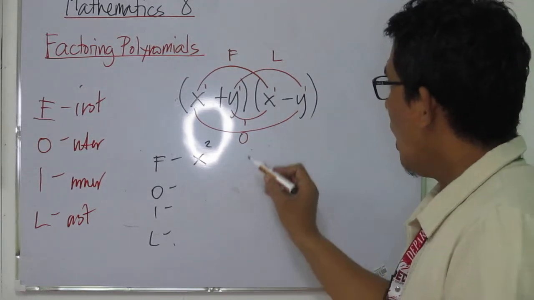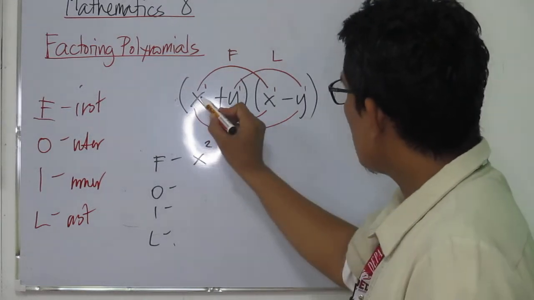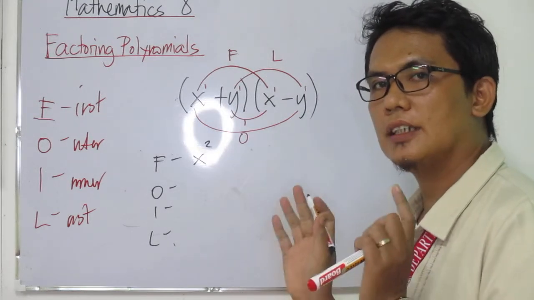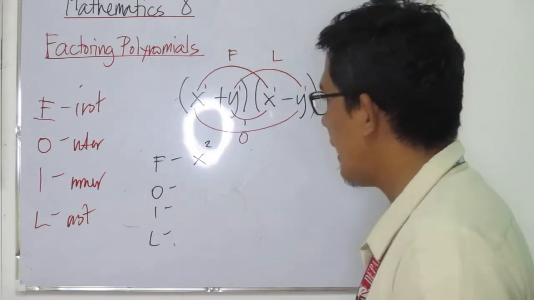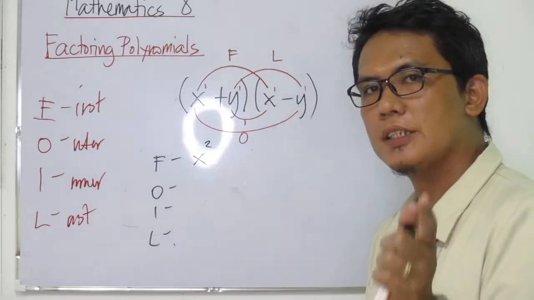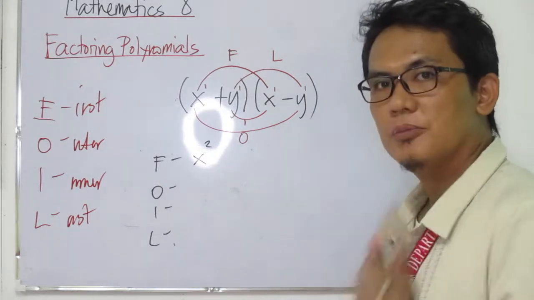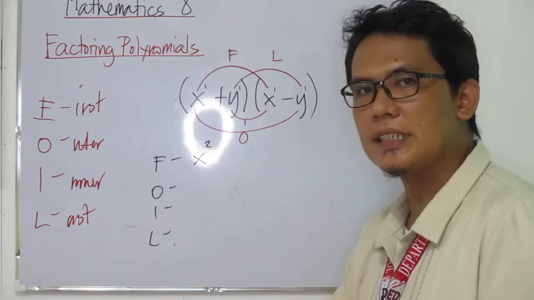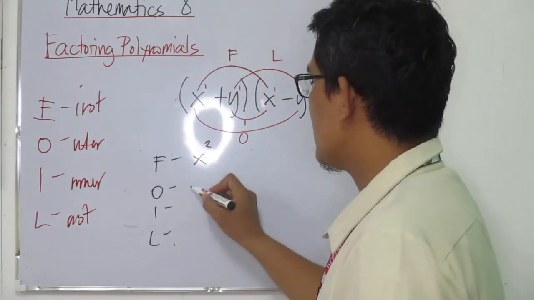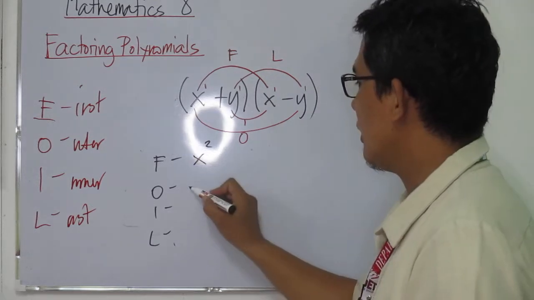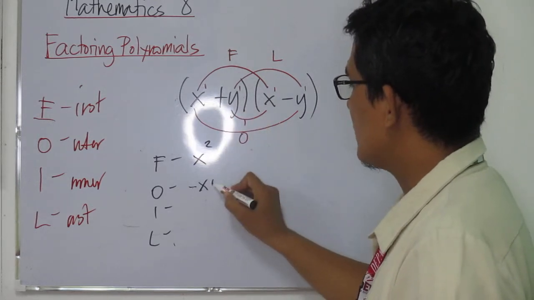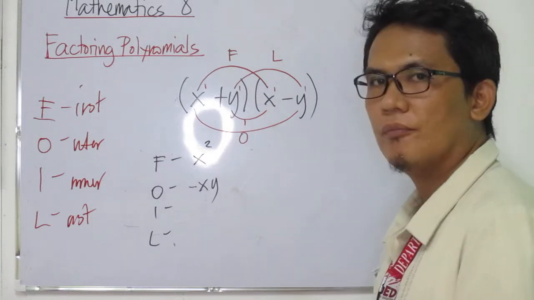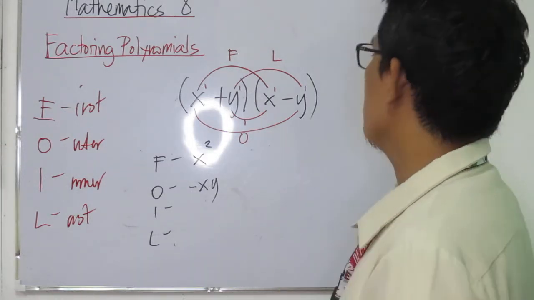Okay? Our outer terms is x times negative y. Again, they are unlike variables, so just copy, but take note and remember always the rule of signs. When we multiply positive and negative, that is negative. So therefore, just copy our x and y. So the product is negative xy. Okay? Our inner terms.